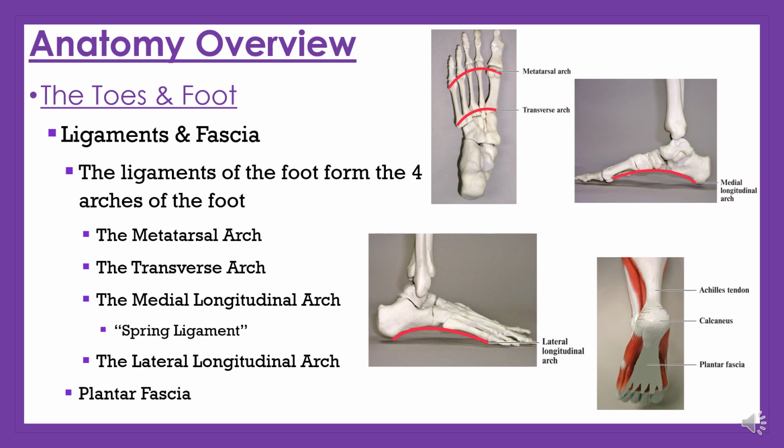This is a thick band of fibrous tissue that originates from the medial aspect of the calcaneus and ends at the distal heads of the metatarsals. It is a distal continuation of fascia that runs posteriorly from the muscles of the thigh to the muscles of the calf and continues under the calcaneus, where it thickens and becomes the plantar fascia, which I'm sure all of you have heard about. It lies very superficial between the skin and the first layer of muscles within that foot.